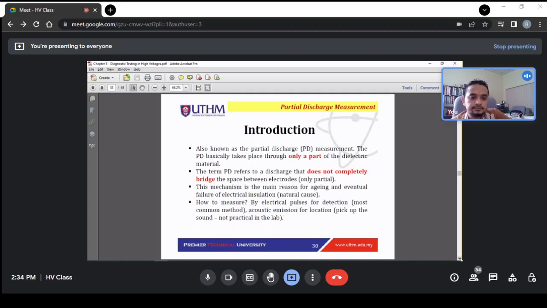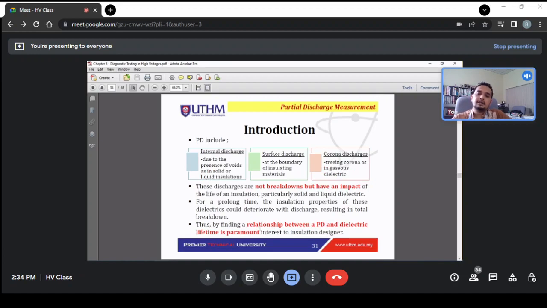Next, we have several categories of partial discharge. First, we have internal discharge. Internal discharge: we have the solid insulators, but we don't know what is inside the insulators, right? Somehow during the manufacturing process there is a little void.